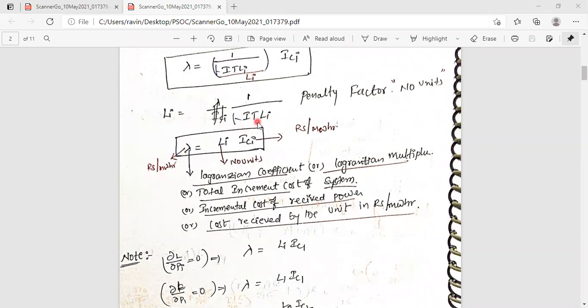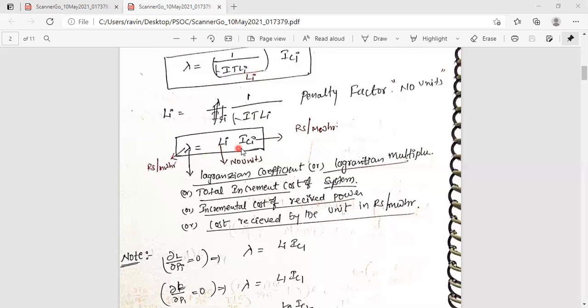The penalty factor is abbreviated as Li, and it is 1 divided by 1 minus the incremental transmission line losses. You get the least fuel cost when the product of incremental cost and penalty factor of all the power plants is equal. Only then will you get the least fuel cost of the power plant.